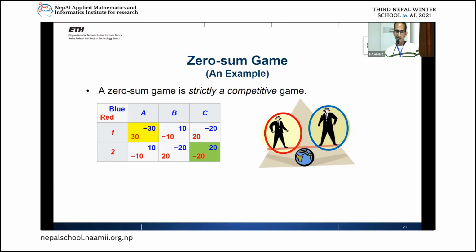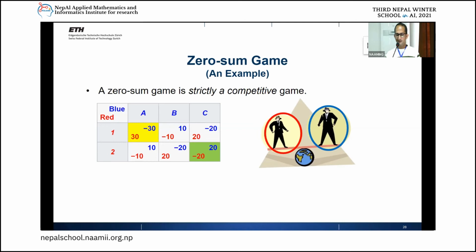Similarly, for the blue player, if the red player chooses 2, choosing C is the best choice. So the point is that whether you try to minimize your damage or maximize your benefits, you end up with the same outcome. That's the beauty of the min-max theorem in these particular settings.